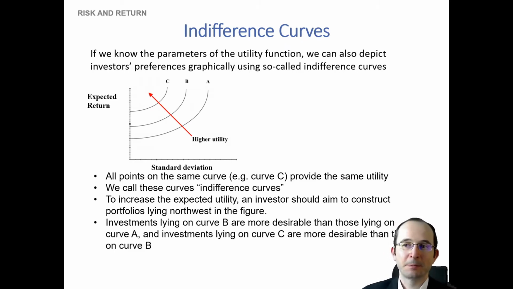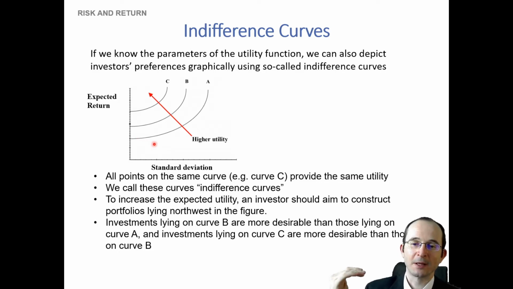Now, how can we express the idea of utility across different possible combinations of portfolio characteristics? In econ, we've come across this idea before of indifference curves. In other words, shapes in the expected return standard deviation space for any point along which we have the same level of utility. So remember, a utility function decreases in standard deviation, increases in expected returns.